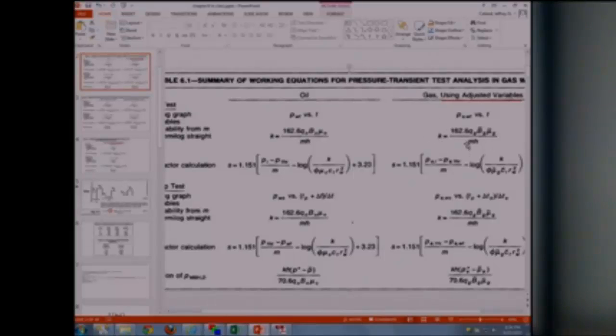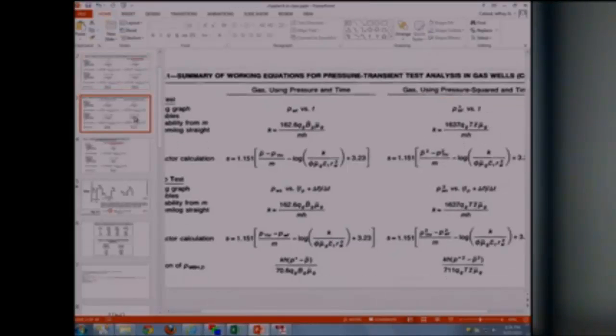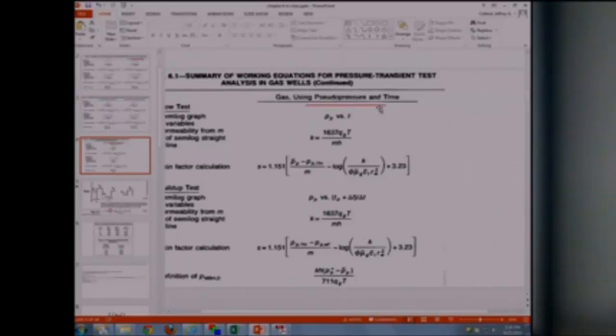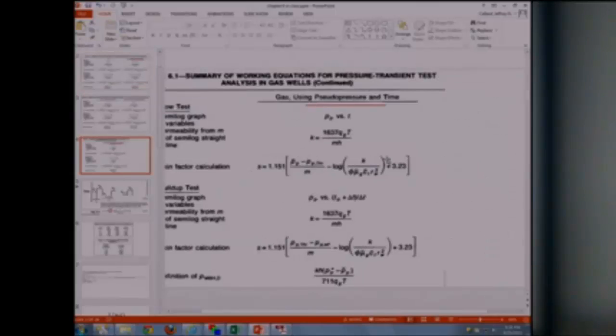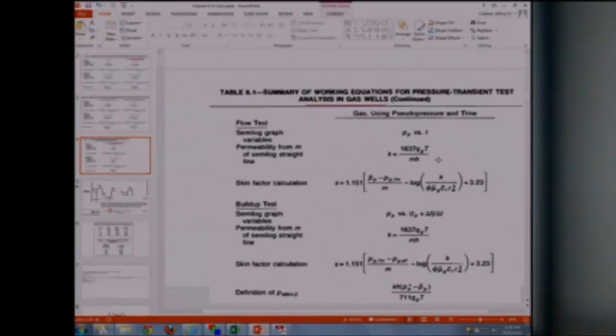If we use pseudo pressure, we're going to use this equation for perm, 1637 QT over MH. That's different than this 162.6 Q. We lose the B sub G and the mu sub G because we're using pseudo pressure. So we're going to use this equation to calculate perm.